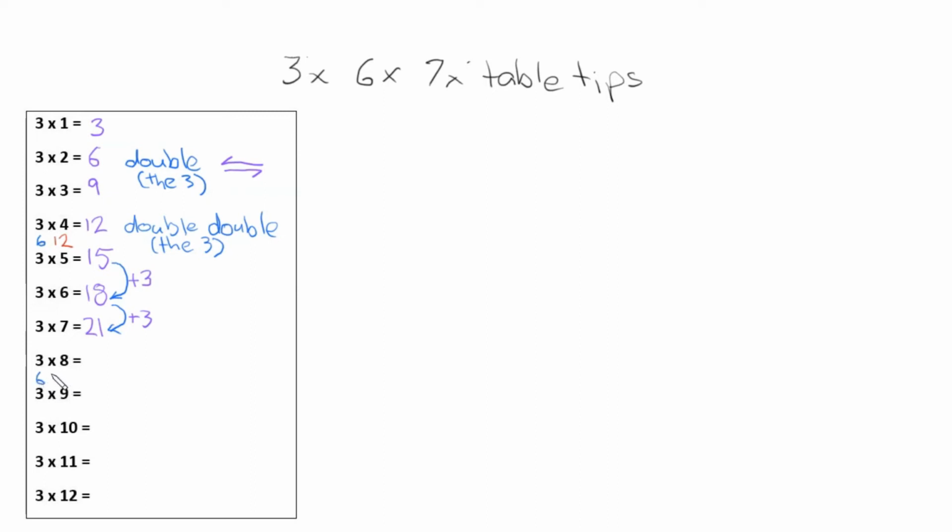Double 6 is 12. And double 12 is 24. So your answer is 24. So for the 8 times table, which we just flipped because it's 3 times 8 or 8 times 3, we could use the 8 times table trick for the 3 times 8, and we double, double, double.